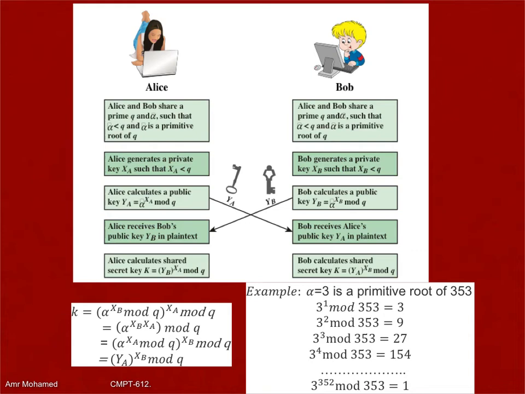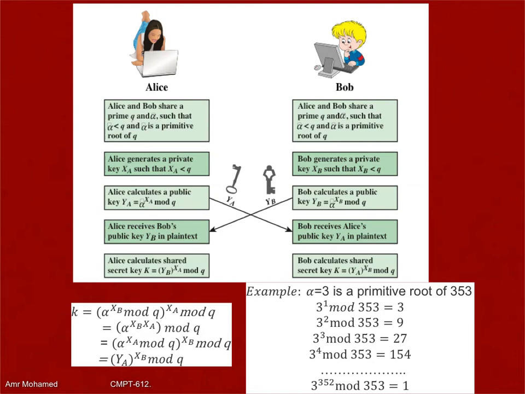Once we do this, now Alice will take YB, use the same exponent we used before, and mod Q, we will reach a number. We don't know what this number is now.